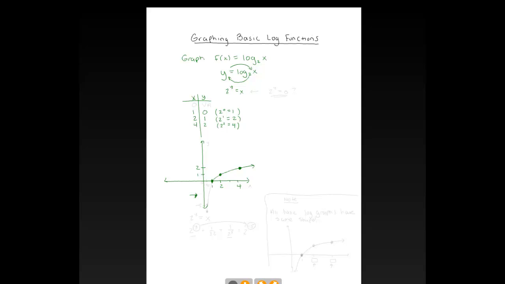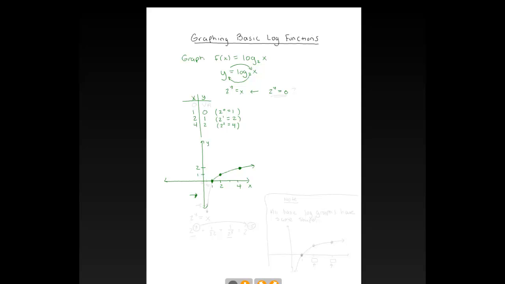Let's make note of one thing. First of all, many of you noted that the domain of log functions is always 0 to infinity, so there's not going to be anything to the left of the y-axis. The other thing to notice is, look back at this equation, 2 to the y equals x. Is there any way you can get 0 as an output of an exponential? In other words, 2 to something equals 0. Remember that exponents are repeated multiplication.